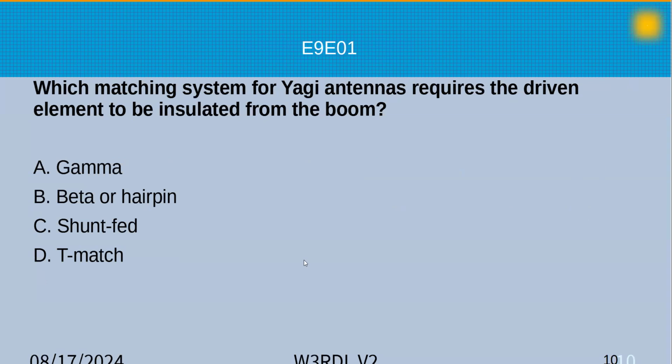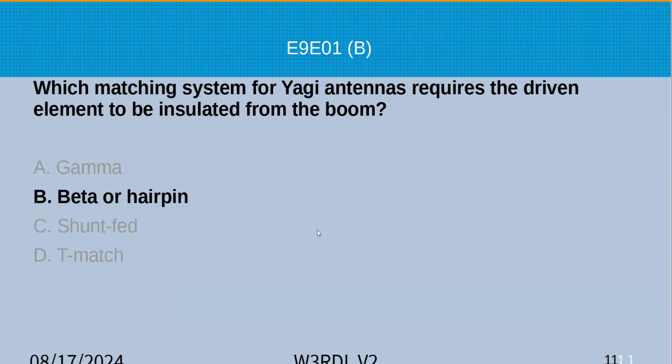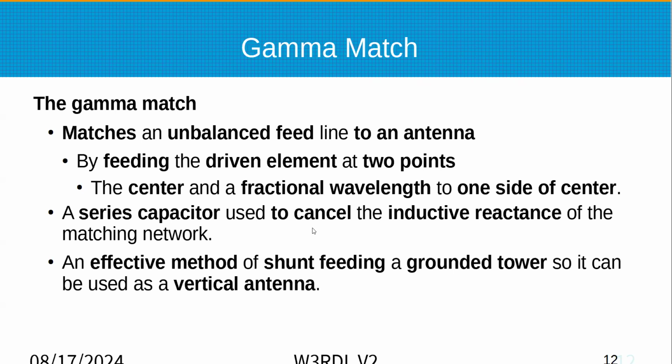When matching, which matching system for Yagis requires the driven element to be insulated from the boom? Gamma match. It's called that because it sort of resembles the Greek gamma symbol.